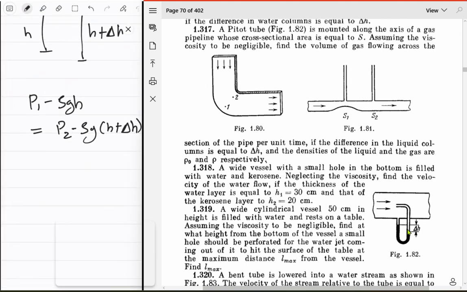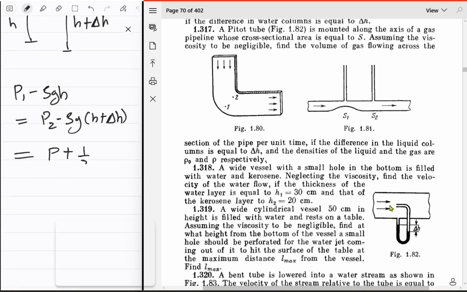Okay, and it's equal to, so at this point, that's our datum, by the way. You have some pressure, we call this P, which is the hydrostatic pressure. And then you also have the dynamic one, which is half rho v squared. We get this thing. Sure. Interesting. Now what?